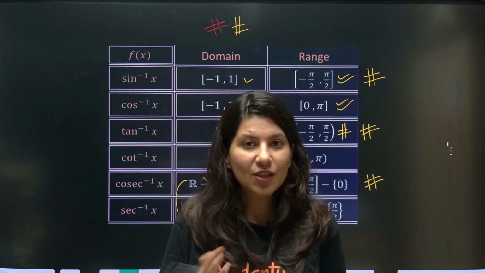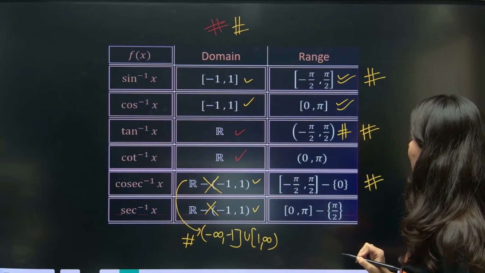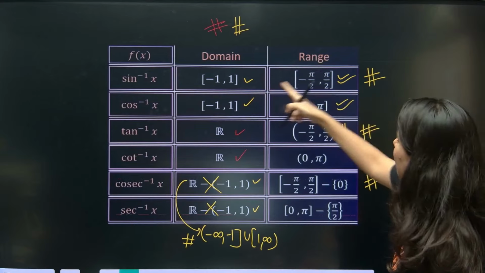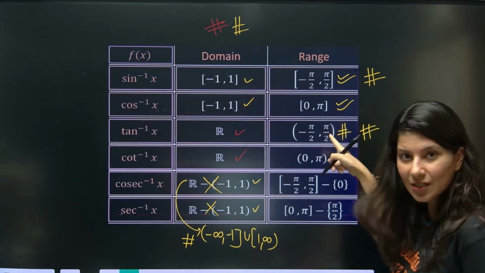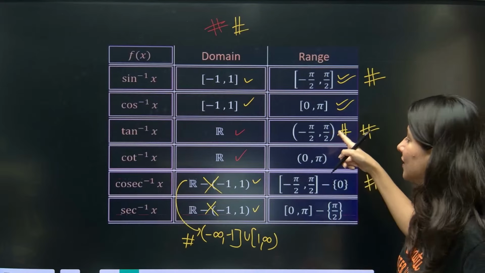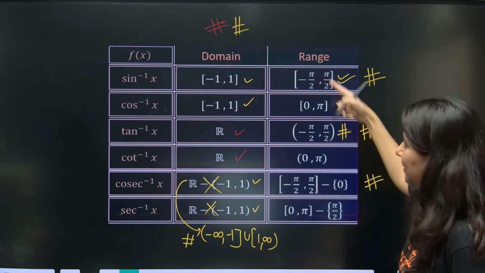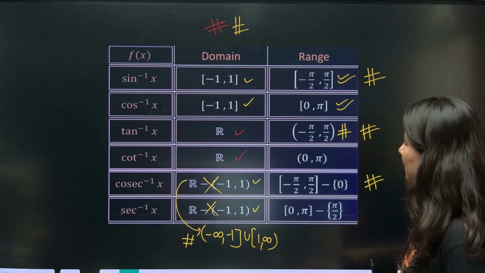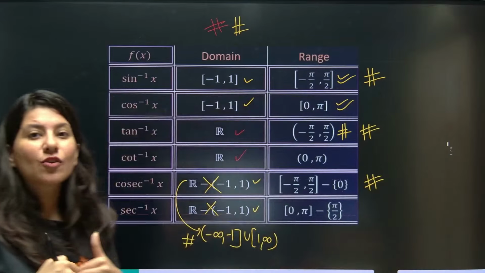Sin x cannot be 0, so x cannot be 0. That is why 0 is removed from here. Otherwise, sin inverse is -π/2 to π/2 closed, tan inverse is -π/2 to π/2 open, I told you the reason for opening, and cosec inverse is -π/2 to π/2 closed, same as sin inverse, except 0.